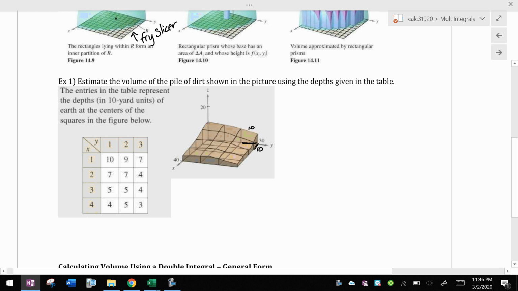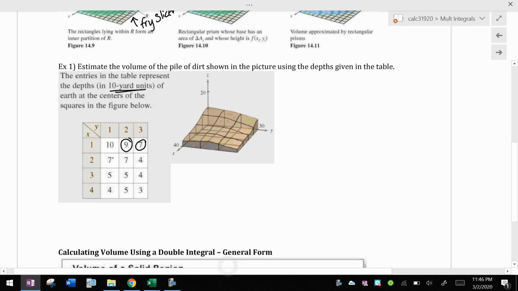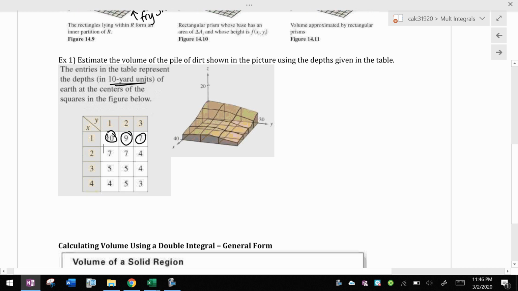Then the heights I've measured at each individual location. Well, I didn't, somebody else did, and it's pretend. But all of these things are in 10-yard units. So right here, I have 7 10-yard units, and then 9 10-yard units and 10 10-yard units. This is a big pile of dirt, guys, just a huge pile of dirt.